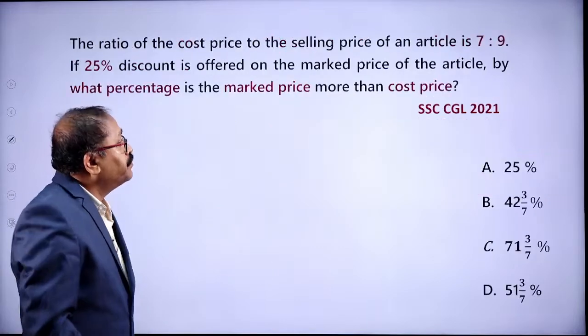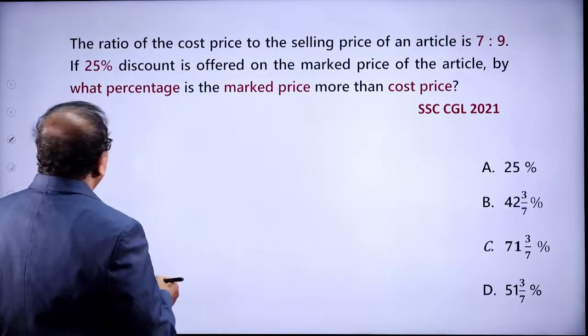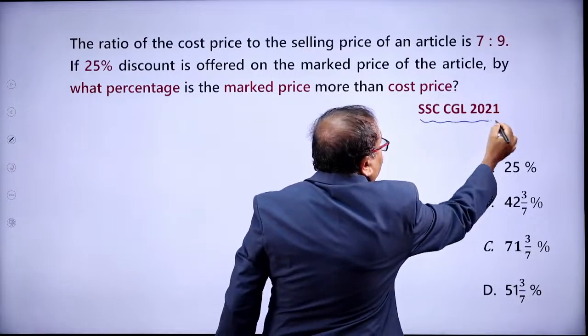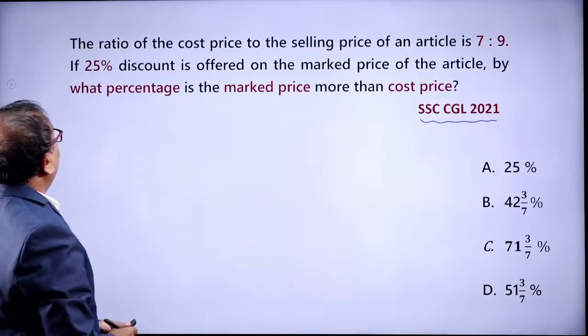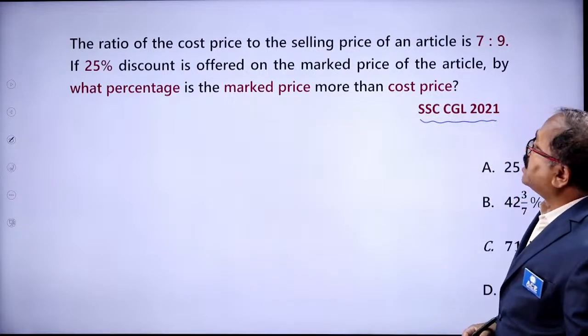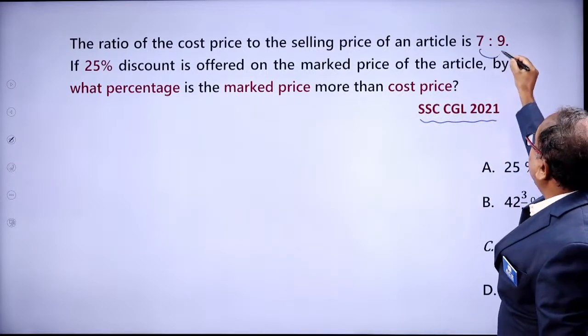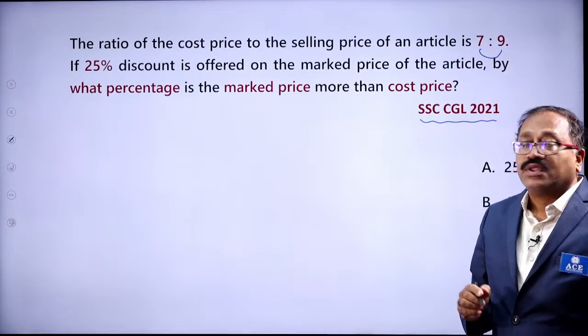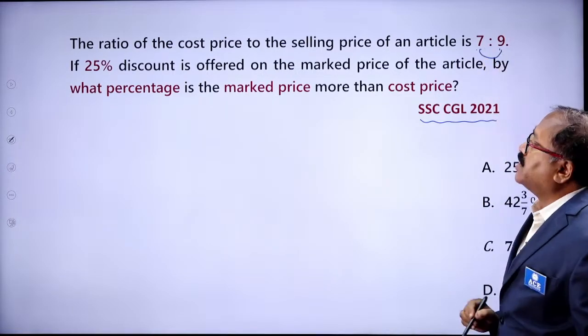Next question now, here. And you can notice here, there is also of this year paper. What is said here? The ratio of the cost price to that of selling price of an article is 7:9. This is cost price and this is selling price.